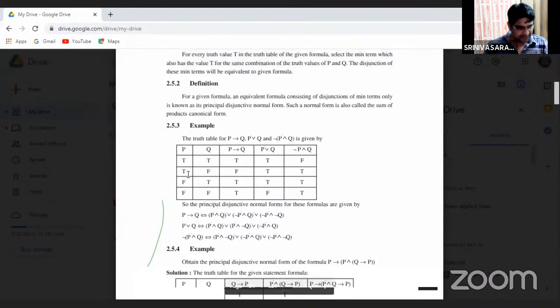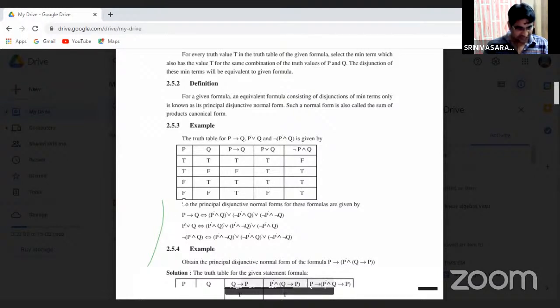This is also F because negation of P, F and F is also F, not true. This is the correction. Next one, true and true, that is also true. The maximum terms are also true here.